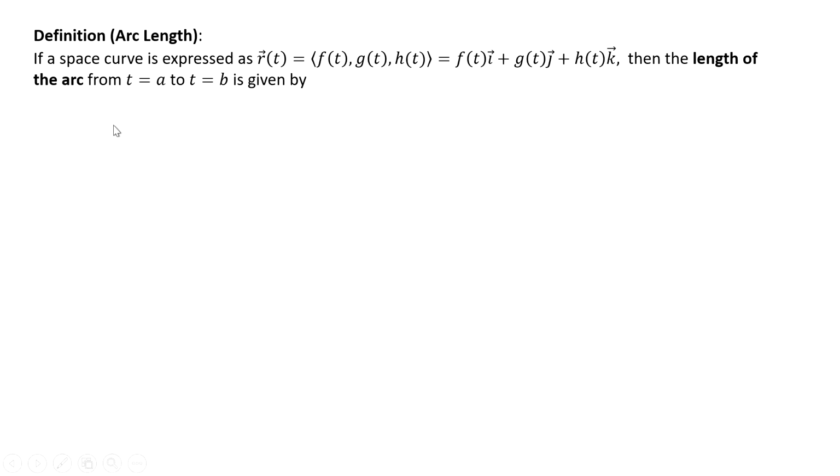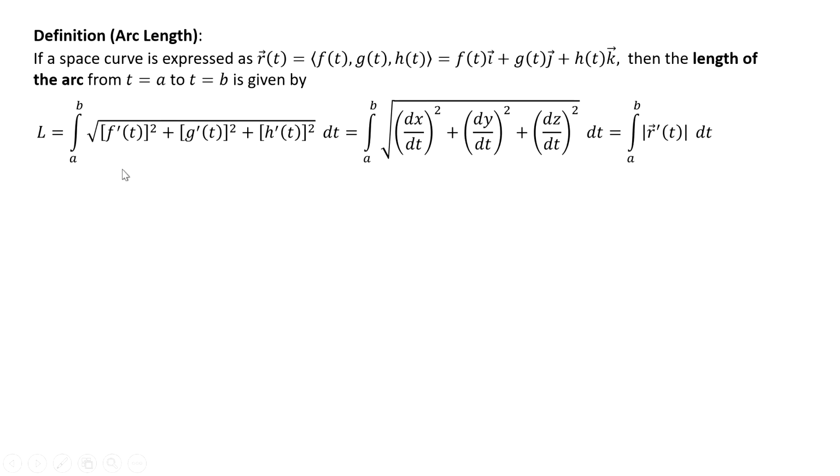When we talk about the length of the arc, we have to say from t equals what to t equals what. So the interval is stated as t equals a to t equals b. And how do you find that? By simply integrating: the arc length is L, the integral from a to b of the square root of f prime of t, the quantity squared, plus g prime of t, the quantity squared, plus h prime of t, the quantity squared.